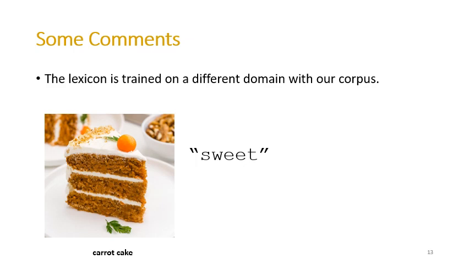If the lexicon is trained on reviews about desserts or recipes like carrot cake, the word sweet might mean positive. Also in general, the word sweet is positive, like a sweet person. But if you take that lexicon directly and apply it to your review, the result might be misleading if the context is very different.